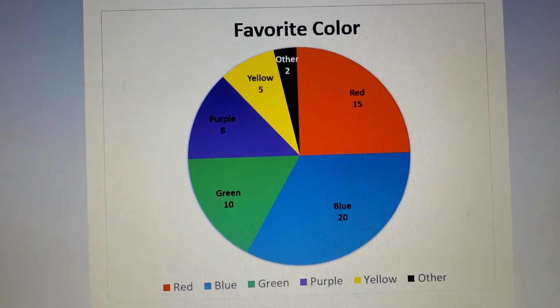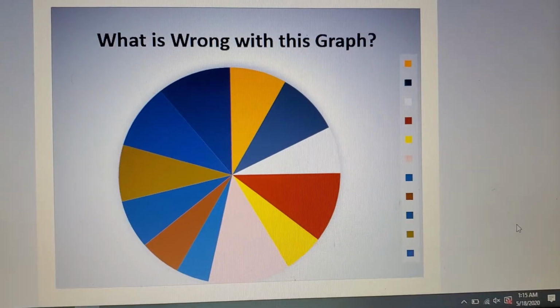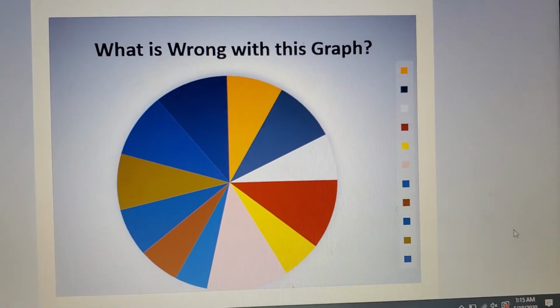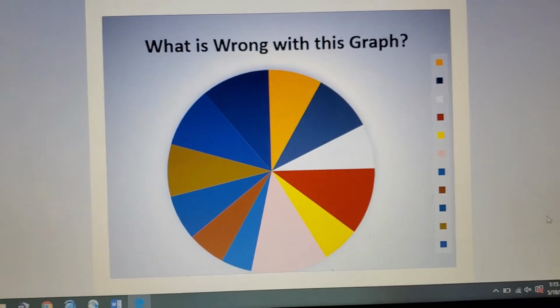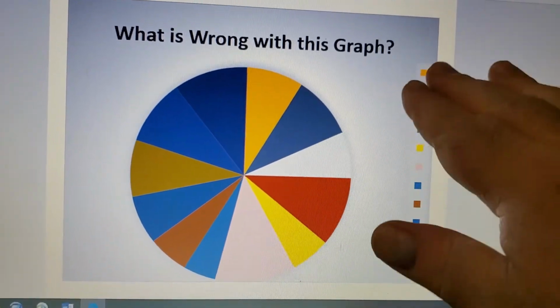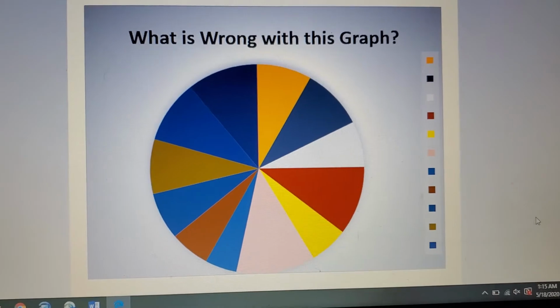But can it go wrong? Yep. We have a few things wrong with this graph. Now, I'm not going to worry so much about the lack of the labels. We would want to have something better labeled.